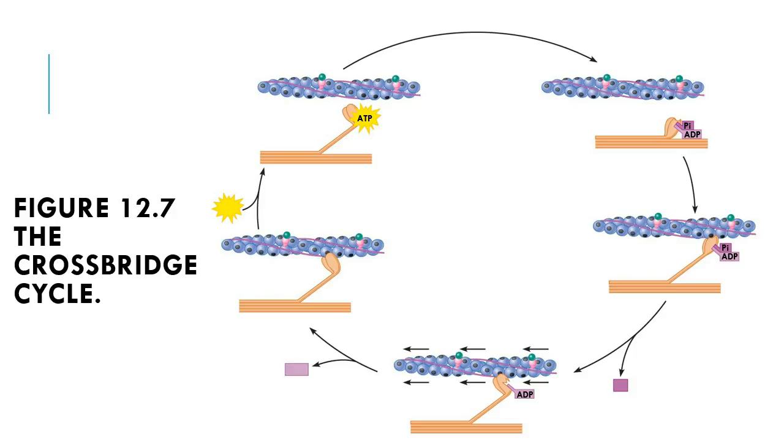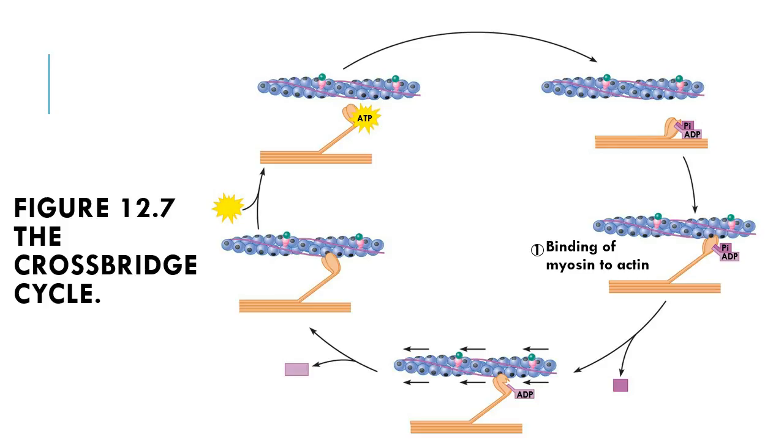So yes, calcium is important for the binding, but we need ATP to power the flicking motion of the myosin cross-bridge, or we talk about the myosin head. And so if we start over here, it's a cycle, so we can kind of start wherever we want. We'll start over here, what's labeled as panel 1, where, what's available?